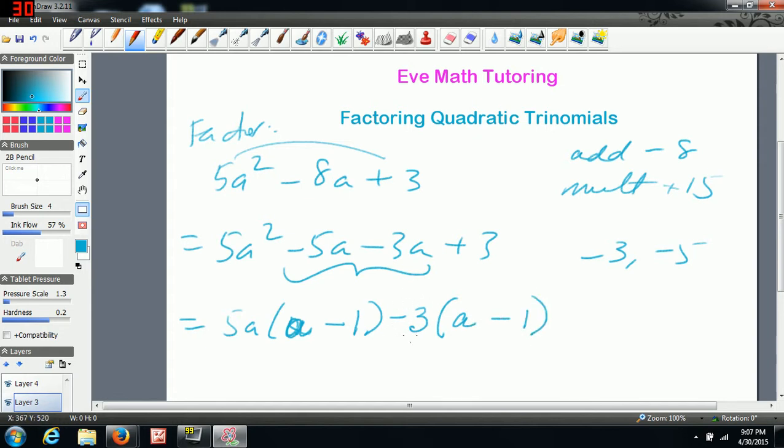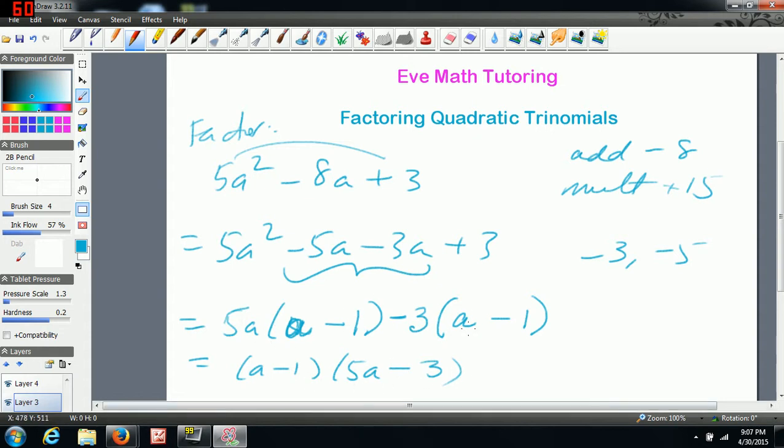Okay, so this here can throw you off. If I had taken out positive 3, this would have ended up being negative a plus 1, and then these two would have been different. So you want to watch out for the signs when you're doing that, okay? So as you see, not obvious, but I took out a negative this time because I wanted this bracket and this bracket to be the same, because ultimately I want to factor those out and write my quadratic trinomial in the form of a number, a plus or minus something, and then a number, a plus or minus something else in brackets, okay?